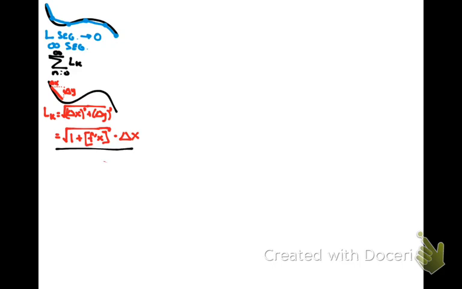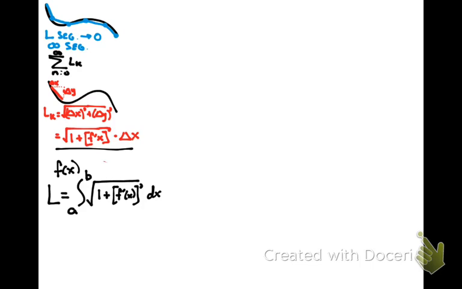That given some function f of x, its length on a closed interval must be equal to the integral from a to b of the square root of 1 plus the derivative of f squared dx.